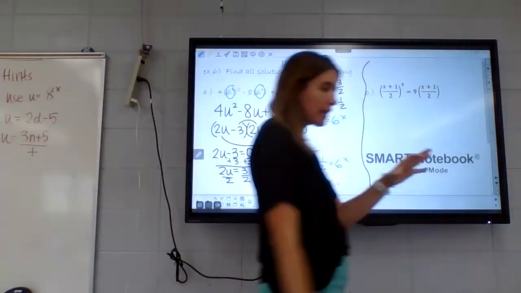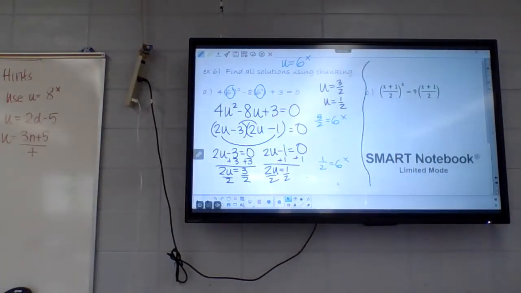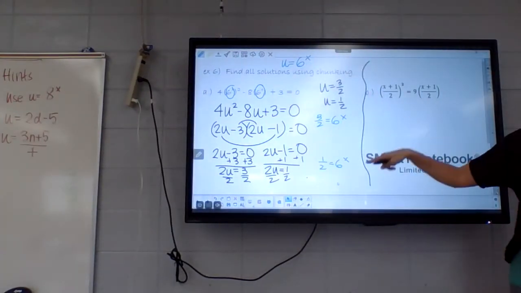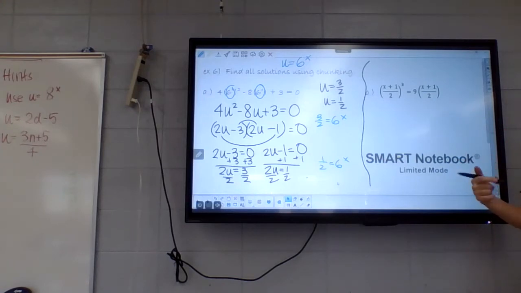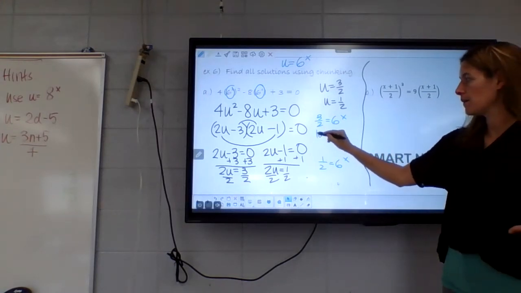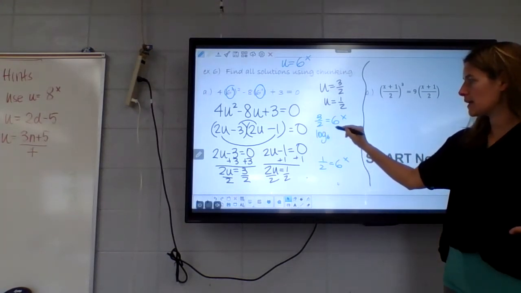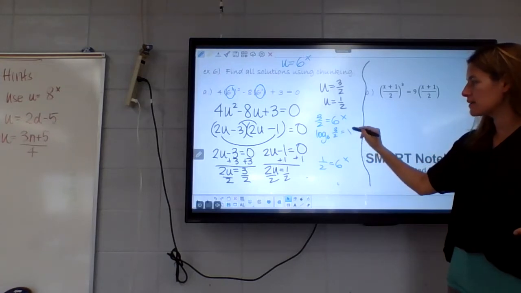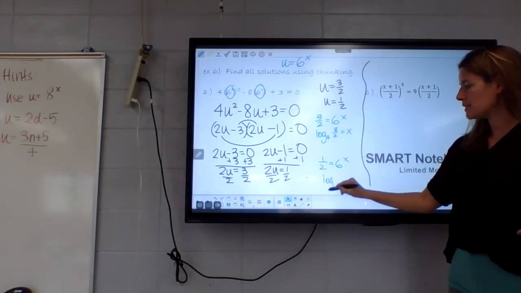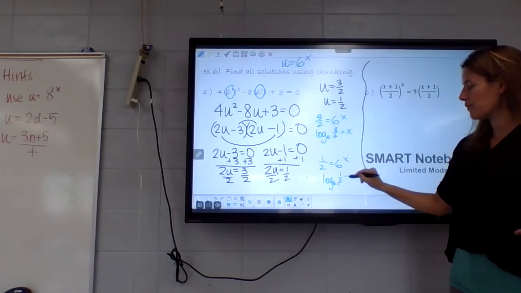Now, you probably forgot, this has been a while, but we did review it a little bit today. When I want to get that exponent out, this is where we use logarithms. Log base 6 of 3/2 should equal x, and log base 6 of 1/2 should also equal x.